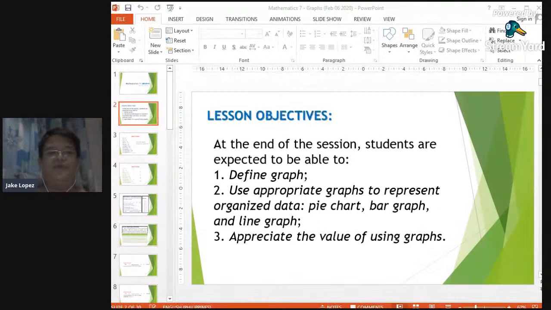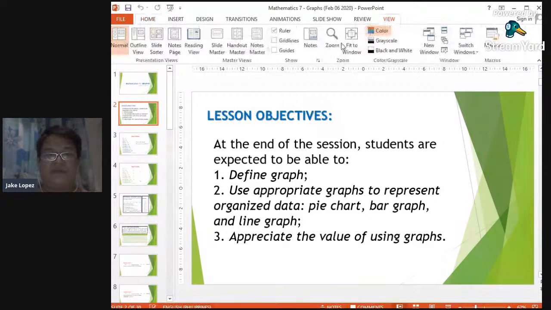Second, use appropriate graphs to represent organized data via pie chart, bar chart, and line graph. And of course, the third is to appreciate the value of using graphs. Any question so far with our lesson? Okay, I think we need to begin now.